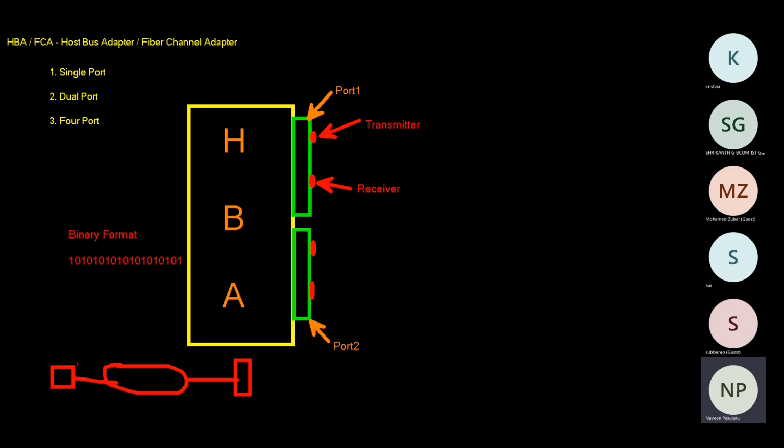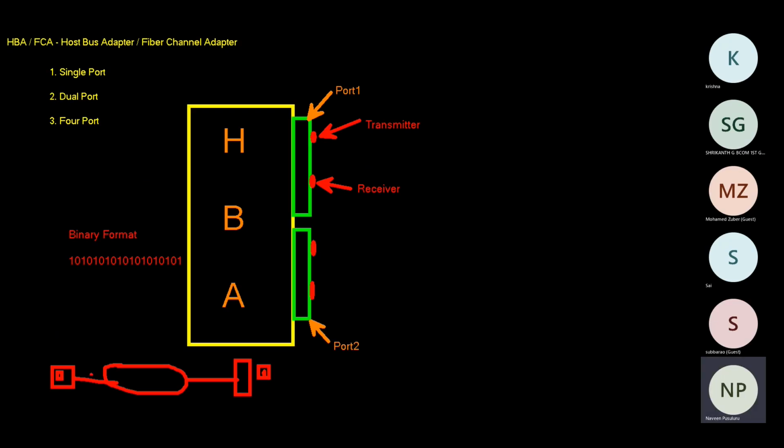Now I got a logical partition from the server. Whenever I am copying data to this logical partition, normally the logical partition will be visible here, but actually the space and everything will be saved in the storage only, right? So whenever you are copying something to this logical partition, it has to travel over the medium, the cables and everything, and the data will be stored there.